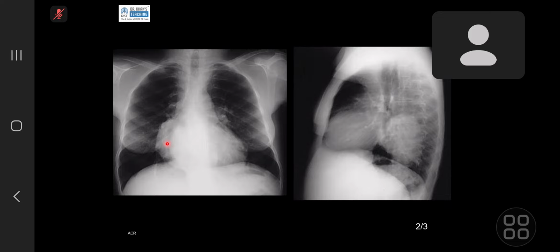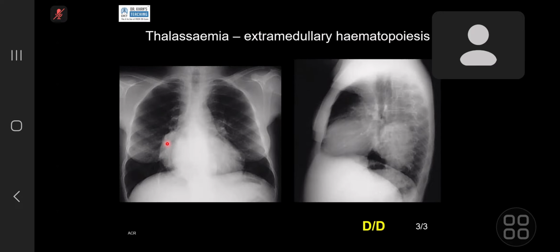A differential diagnosis would be extramedullary hematopoiesis, or a hematoma if the patient has a history of trauma. As it is rounded in shape, it could also be a bronchogenic cyst or a duplication cyst. This is the mediastinal differential diagnosis.